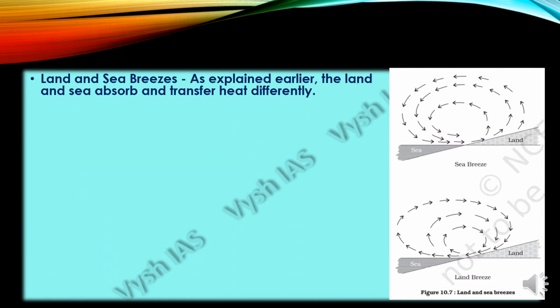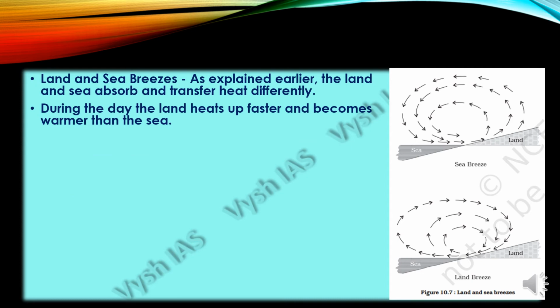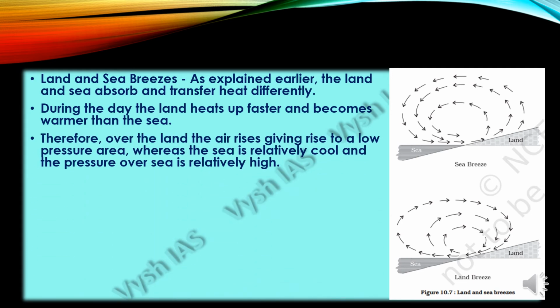So what happens is the land and the sea absorb and transfer heat differently, because of the difference in molecules and all of that. So during the day, the land will heat up very fast and become warmer than the sea, because the sea will take a lot less time to heat up. Therefore, over the land, the air will start rising, and this will give rise to a low pressure area.